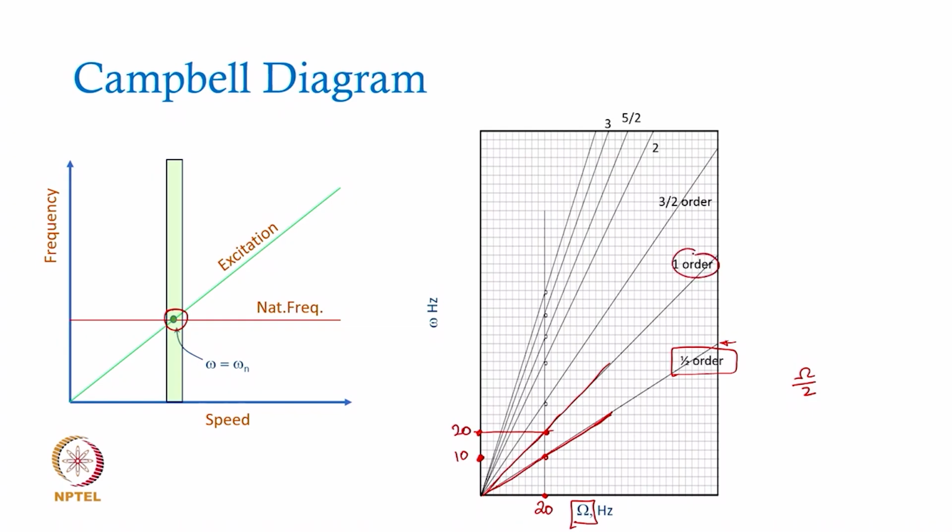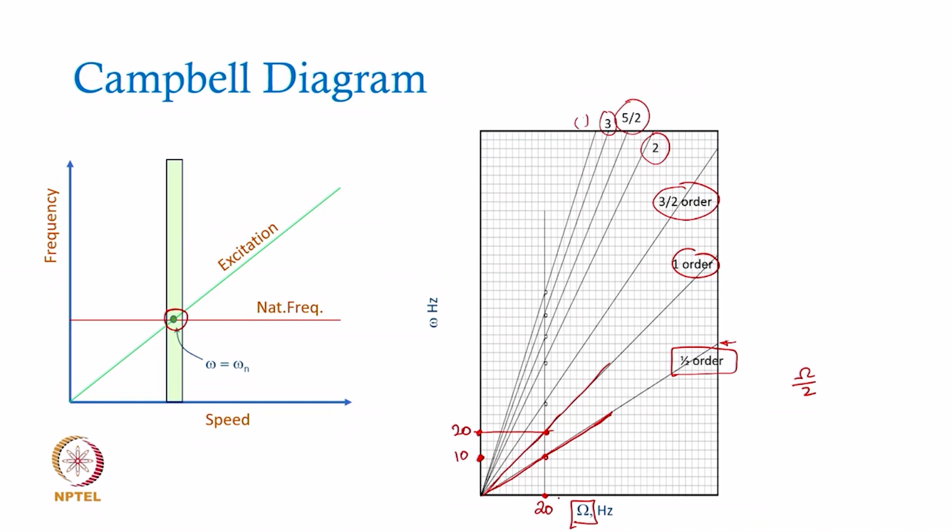That is your one engine order, but that is the second component of the decomposed set of frequencies. And then 3 by 2, which is 1 and a half order, second order, 5 by 2 order and 3, and then maybe next and so on.